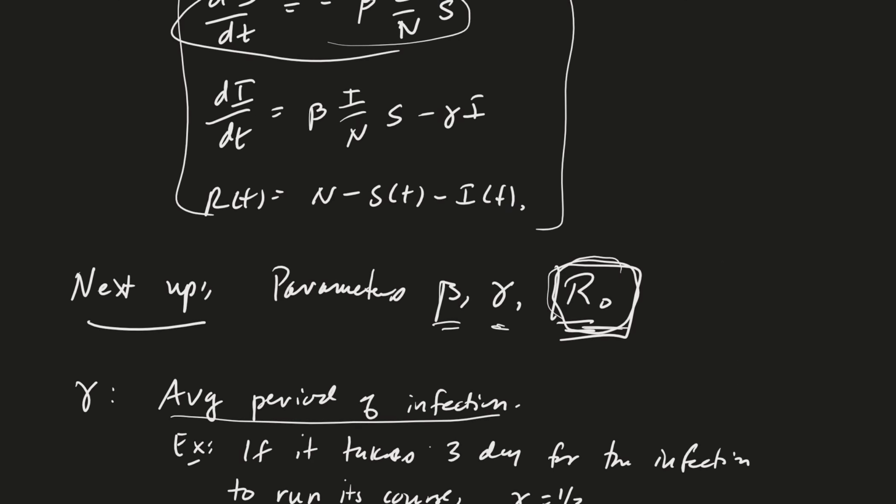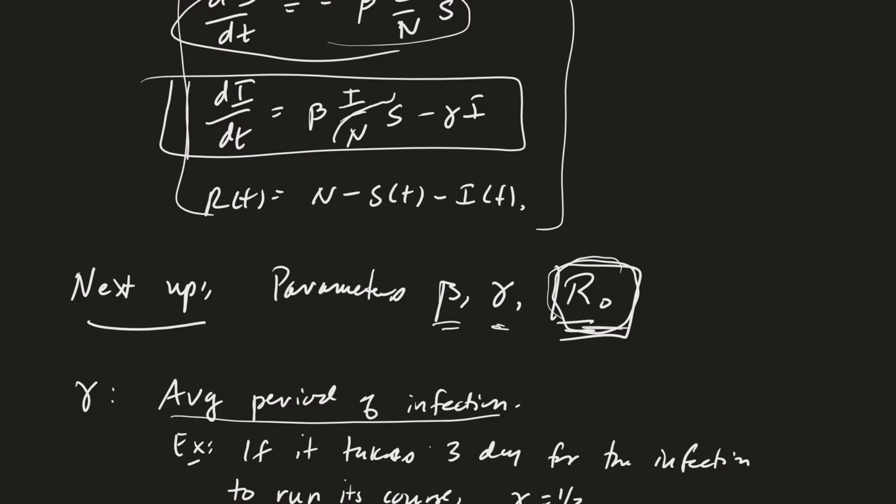At the beginning of a pandemic, if you look at this equation right here, S is approximately equal to N. Right, so this is a fraction right now. And so these would cancel each other out. And so you'd be left with saying that I prime is approximately equal to beta minus gamma times I.